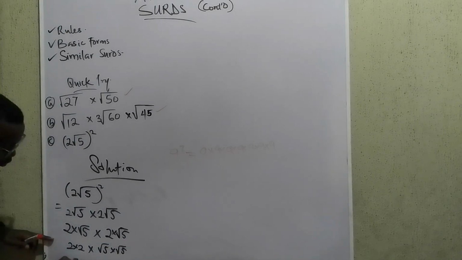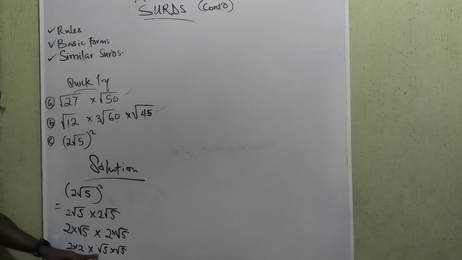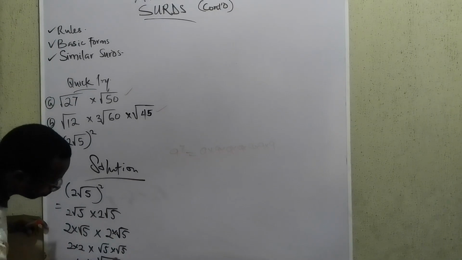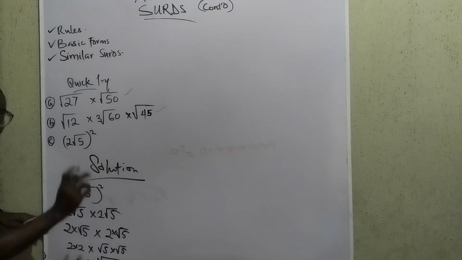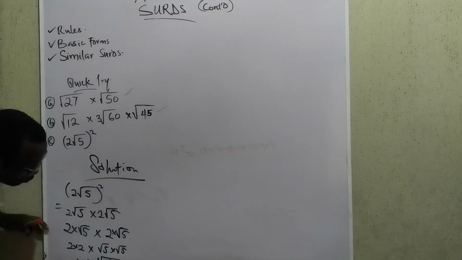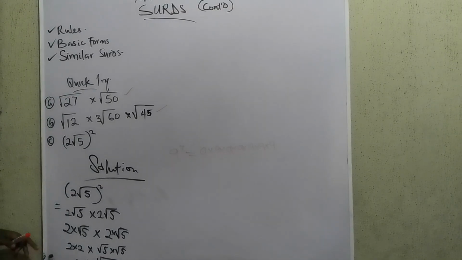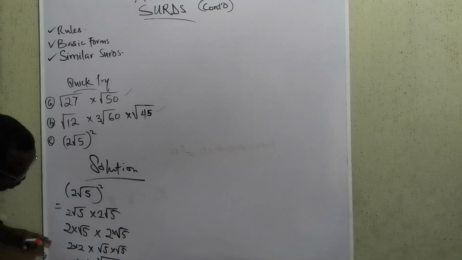So 2 times 2 is what? 4 times root 5 times root 5. Since they have the same root sign, use one bracket for both of them. So what do we have? We still have 4 times 5 times 5, which is what? 25.